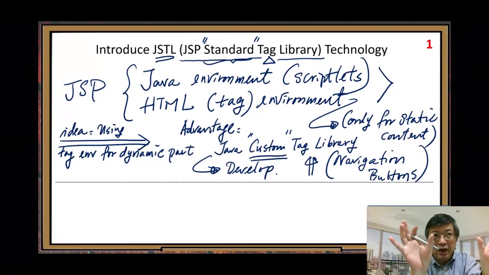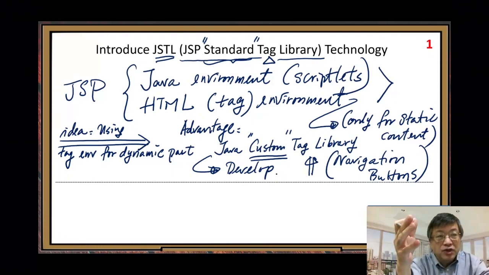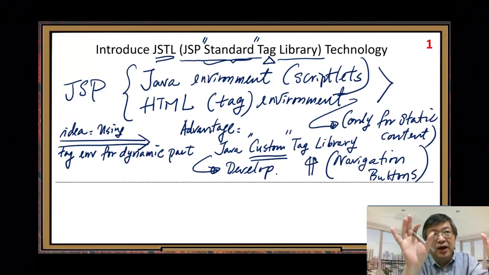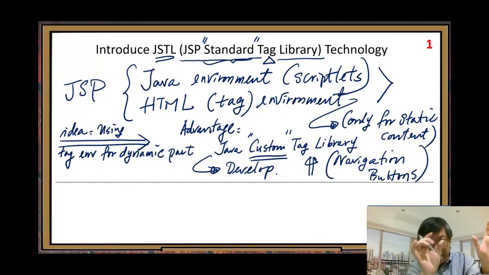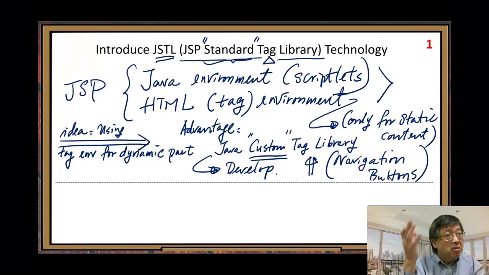And related to that situation, we can use the JSTL a little bit to do the navigation button programming. We will do it in the next video. So this one, we look at the basic introduction. Next, how to use it in a Java web application.